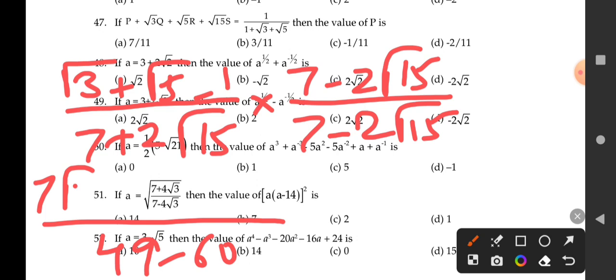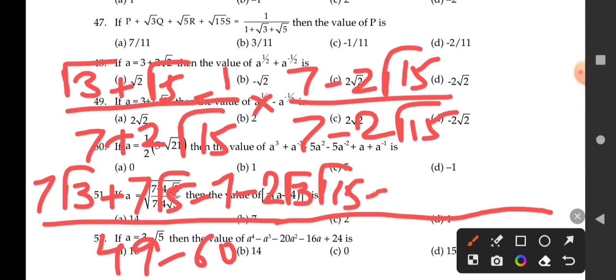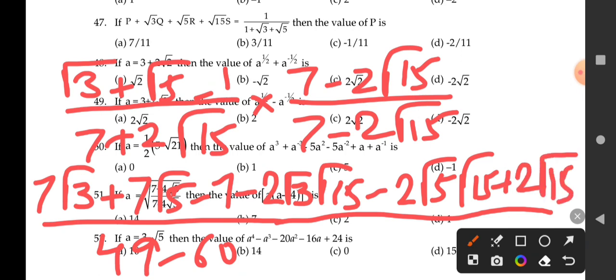So you have 7 root 3, right, plus 7 root 5, okay, minus 7, okay. Now the next term, minus 2 root 3 root 15, okay, minus 2 root 5 root 15 plus 2 root 15. Now the denominator becomes minus 11, okay.